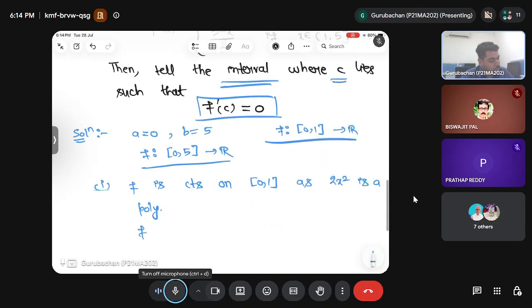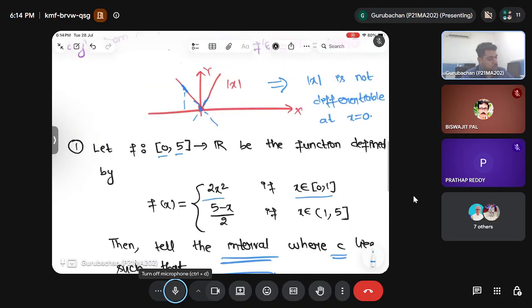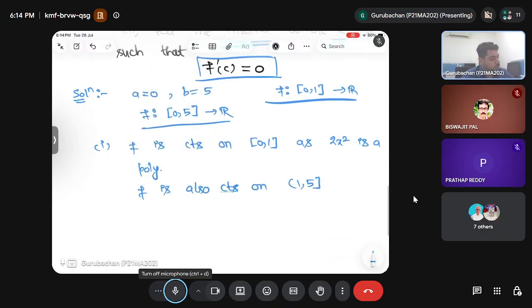Now f is also continuous on open interval 1 to 5, and clearly this is also a polynomial, as 5 minus x by 2 is a polynomial.